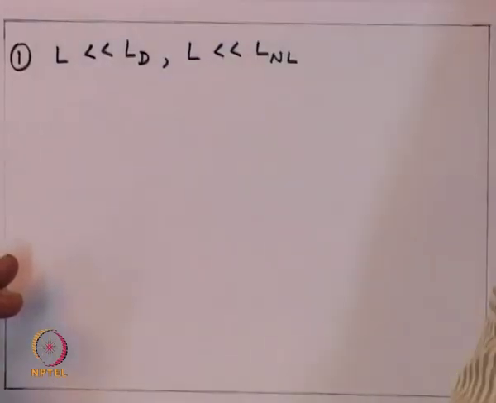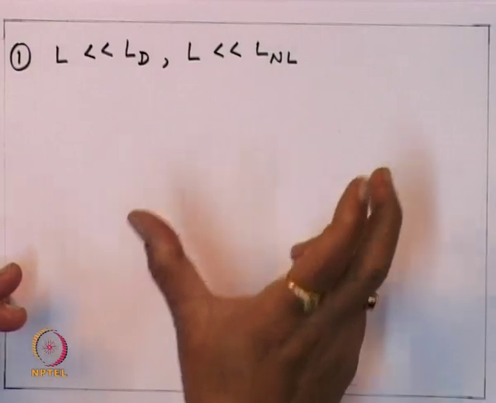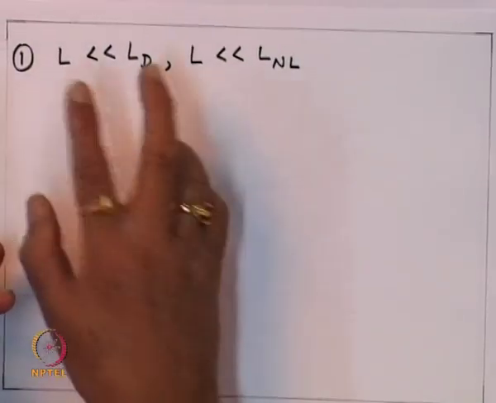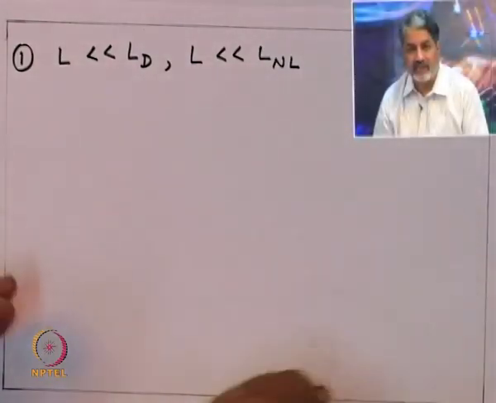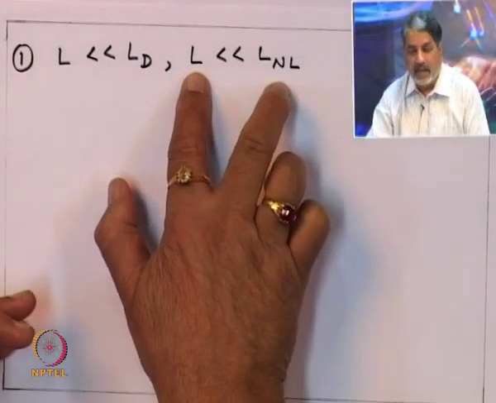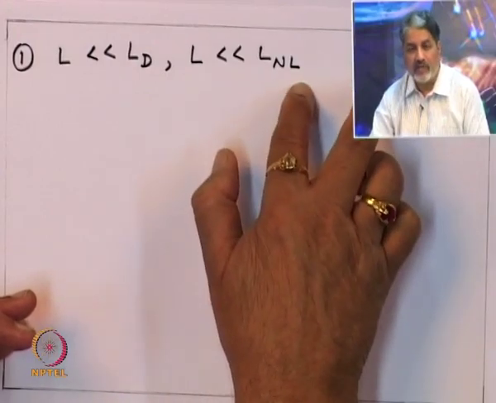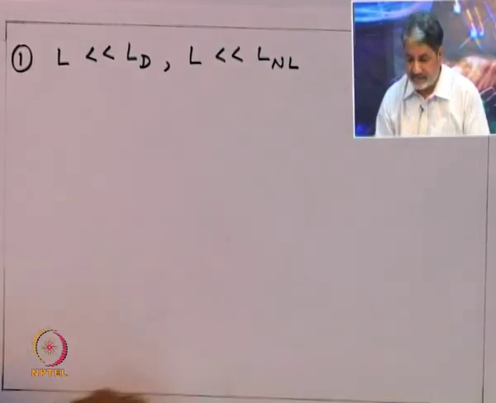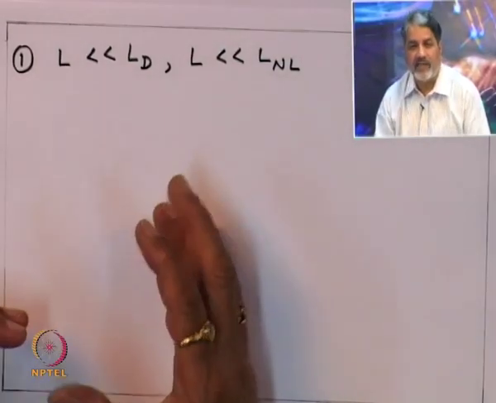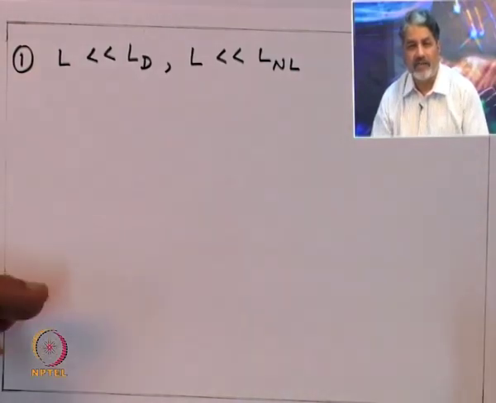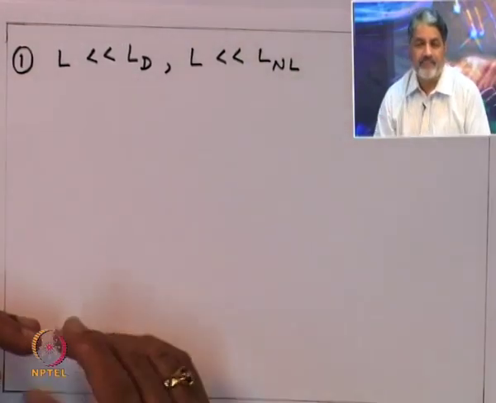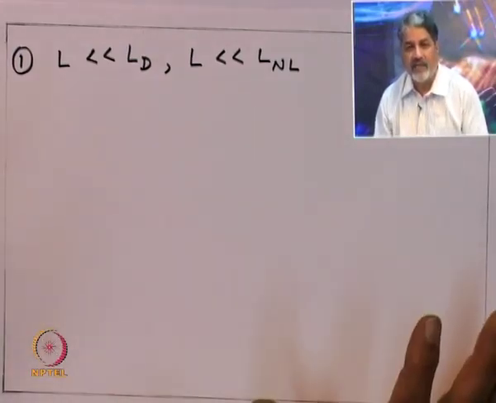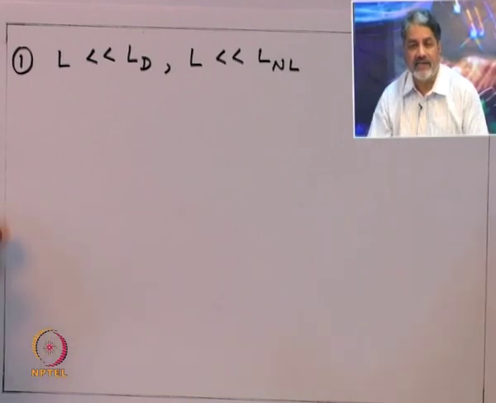If the propagation length is much less than L d, the length is not enough even to observe the dispersion effect, and if it is much smaller than L N L also, the length is not enough to see the nonlinear effects. So the optical fiber becomes a simple bare medium of transportation of pulse from input to output. There is no modification of the pulse either in the spectral domain or in the time domain. The same pulse you launch appears on the other side.